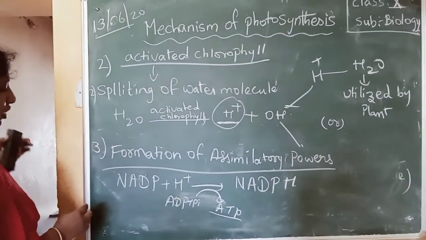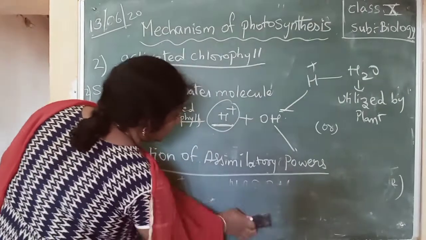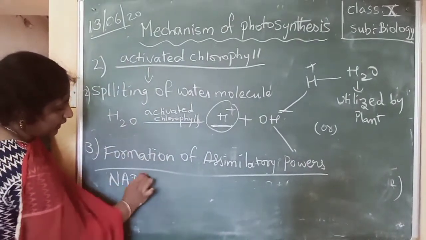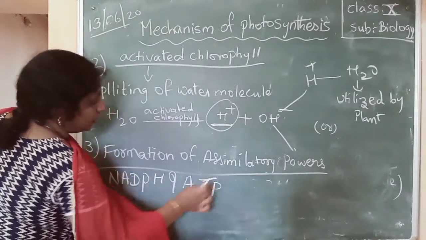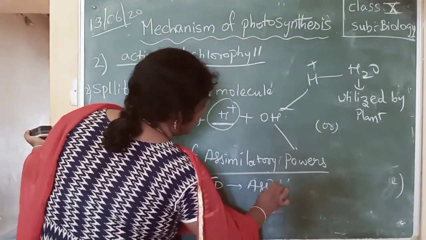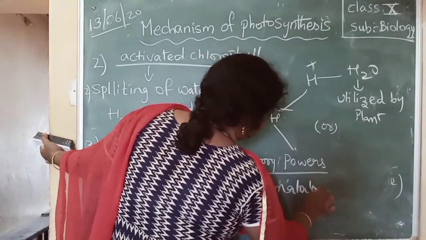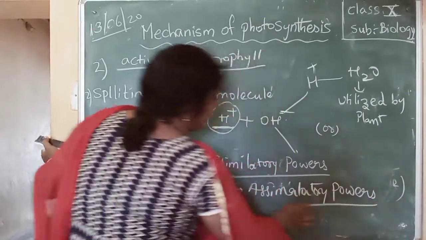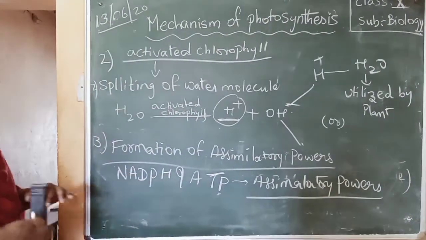So these two compounds, NADPH and ATP, which are formed, are called assimilatory powers, which are used in the second phase of the photosynthesis reaction.